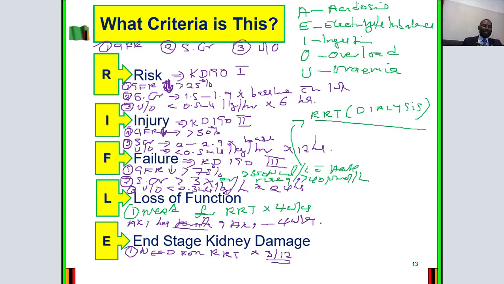That means there is persistent renal dysfunction or persistent renal failure for 3 months. That's why there is need for renal replacement therapy for 3 months. Hope this is very easy for you and very, very important.